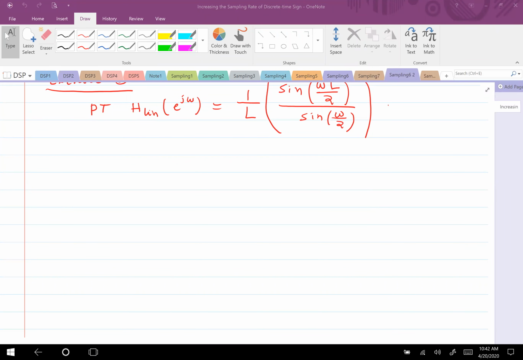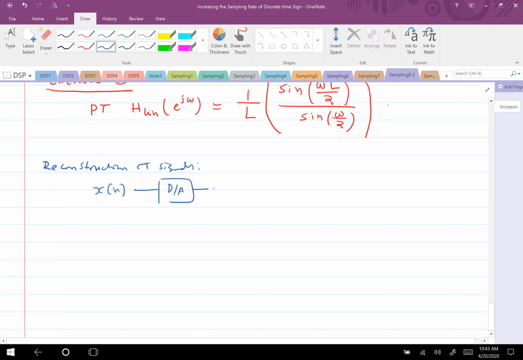In the reconstruction of continuous time signals, if you recollect the third module, you had x of n. From that, you give it to the digital to analog converter. You get, let's say, xs of t, if you recollect, right? Then you give it to some h of j omega, or hr you call it, and from there you get xr of t.